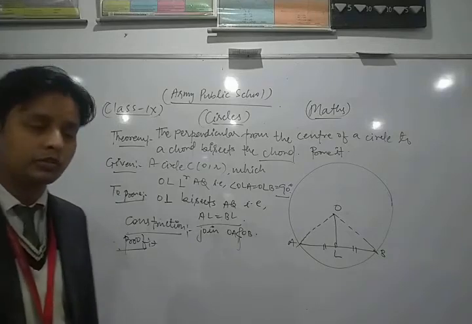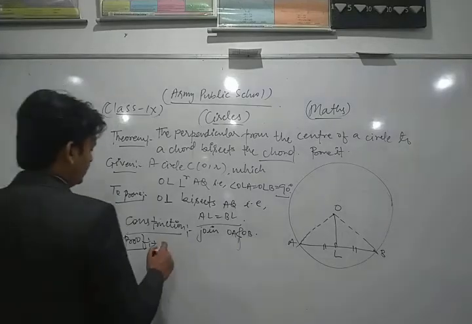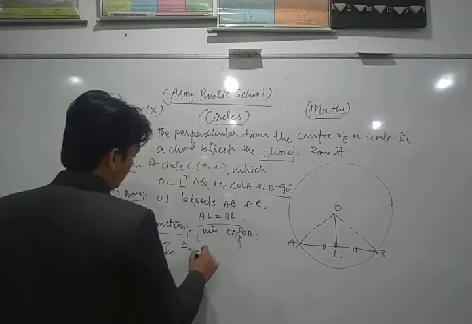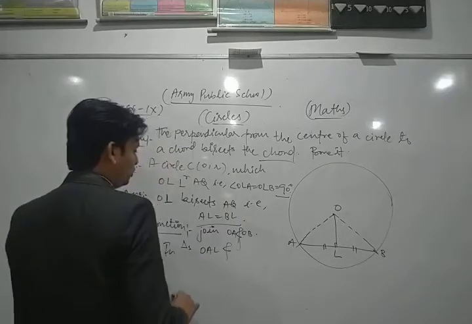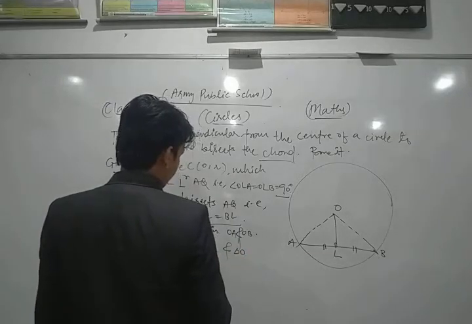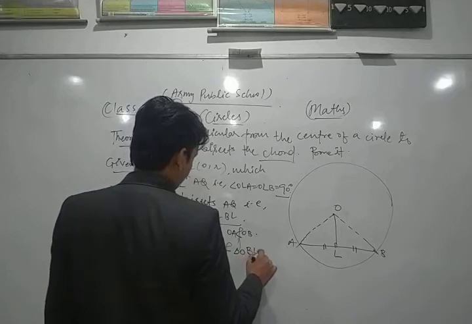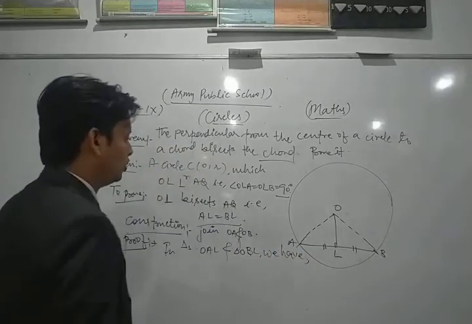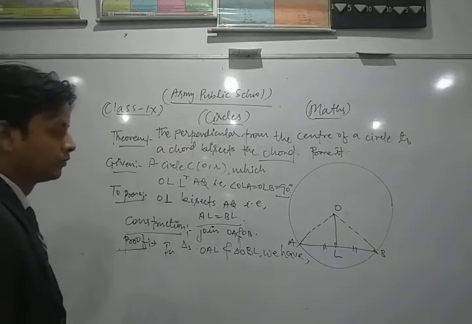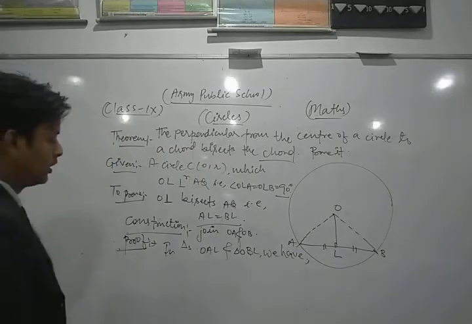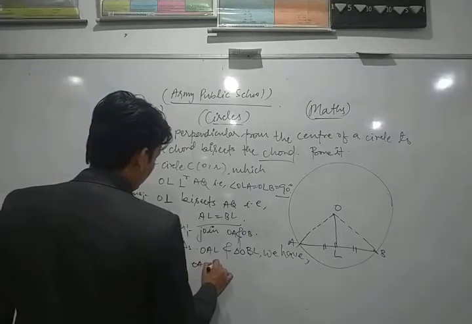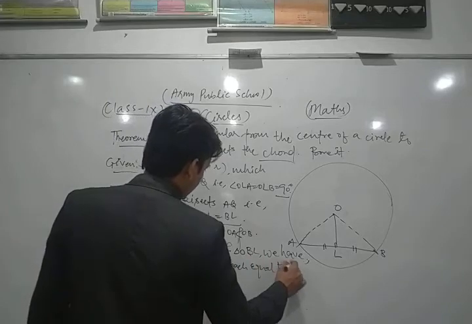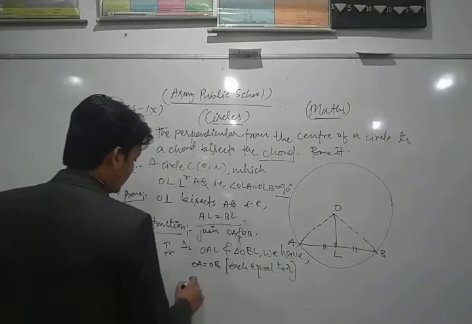Okay, you know that very well, students. Now in triangles OAL and OBL, we have, look, OA is equal to OB because each is equal to R. Okay.